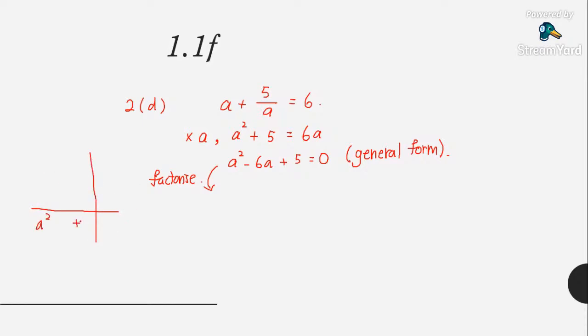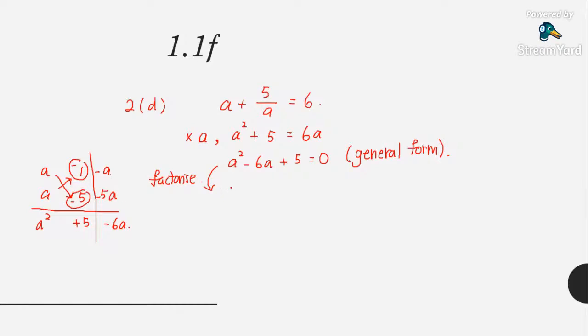So this is positive 5, this is negative 6a. So this is a, this is a. So here what you get is 1 times 5. Cross multiply now. So this is A, this is 5A. So this is negative, this is negative. So negative 1 minus 5, you get a negative 6. This is negative, negative as well. You multiply them together, you get a positive 5.